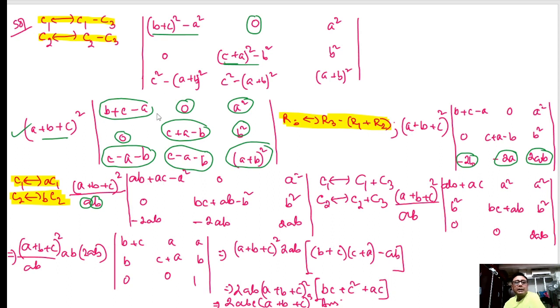So this column will get multiplied with a, so this has become this, and this is multiplied with a. Similarly, C2. Okay. So this column will get multiplied with b, and this is what we got.